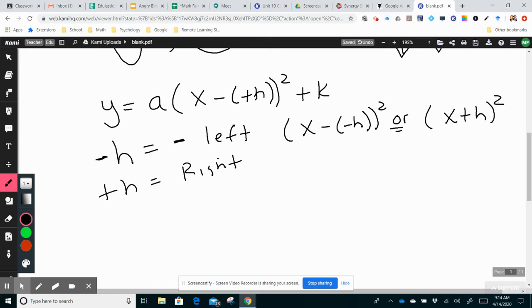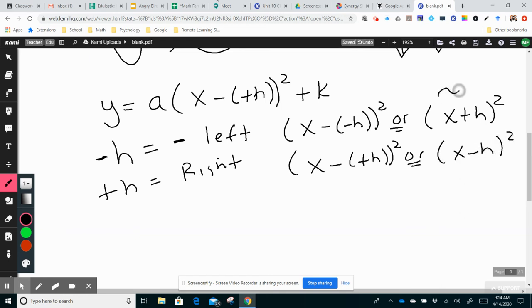It's going to be written like this, but in reality, because of this negative, the double negative is going to become positive. And the same with the plus h. It's written like this if we wrote it out separately, but in reality, you're going to see this.